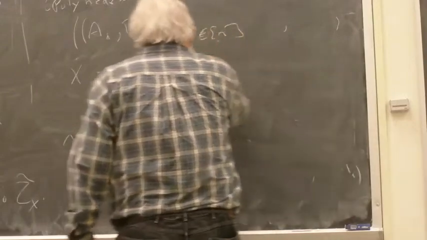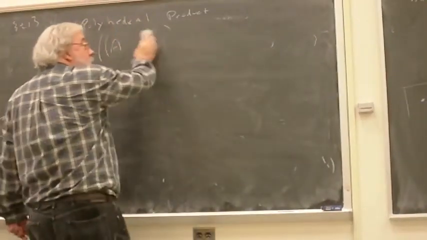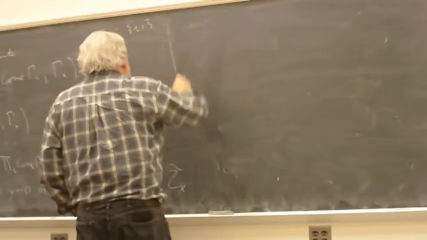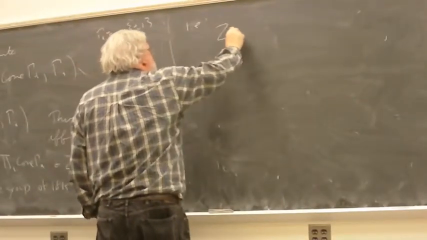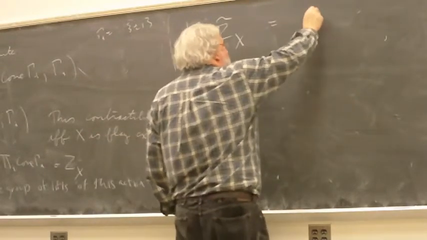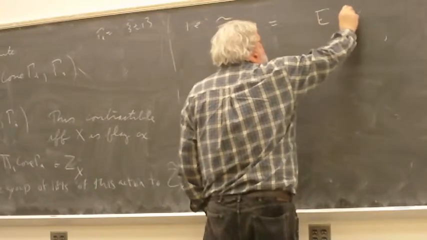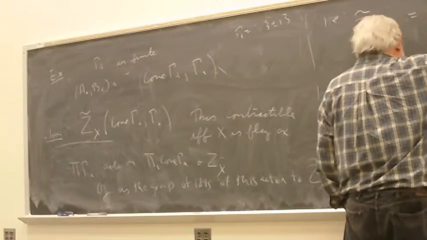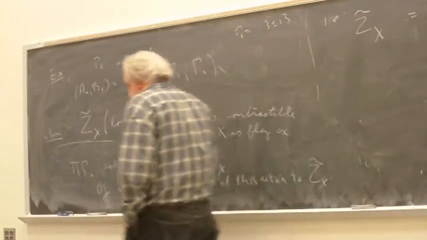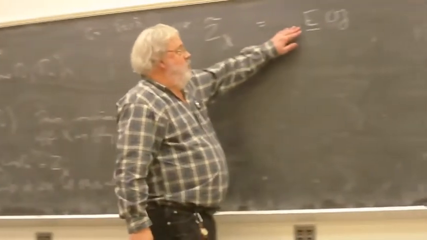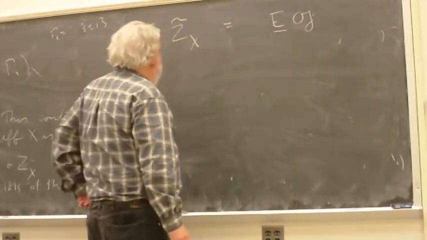So in other words, the Z tilde sub X is a contractible space. The graph product acts on it with finite isotropy groups, and their fixed point sets are contractible. So it's the classifying space for finite actions for this graph product.